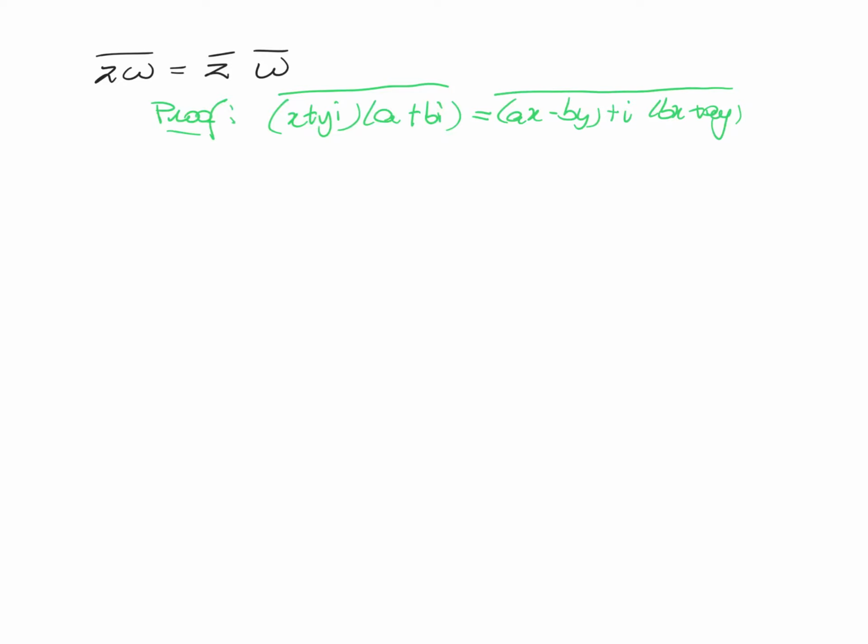Then we know that the conjugate changes the sign of the imaginary part. So this is ax minus by minus i times bx plus ay. Then it is possible to verify that this is the same as x minus yi times a minus bi, which is z conjugate times w conjugate.